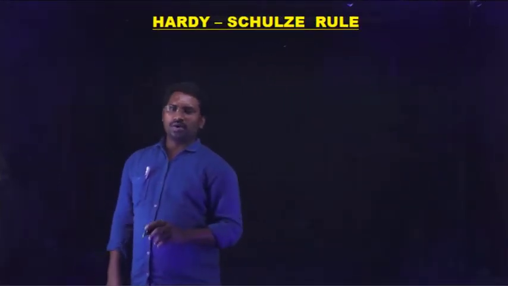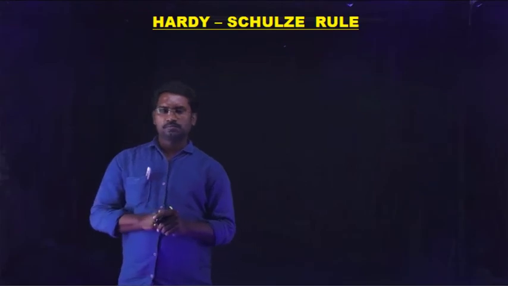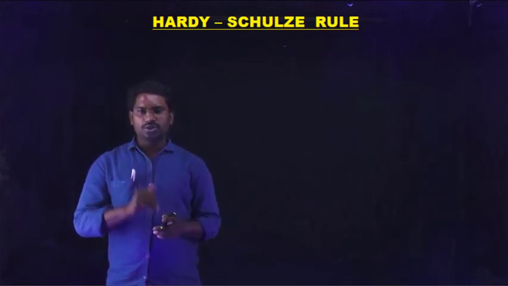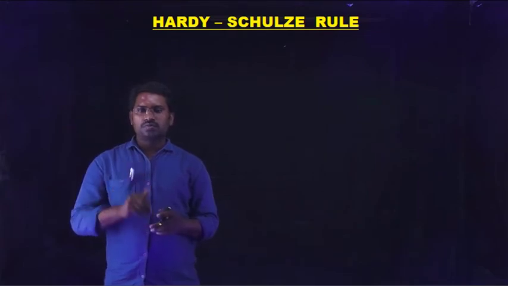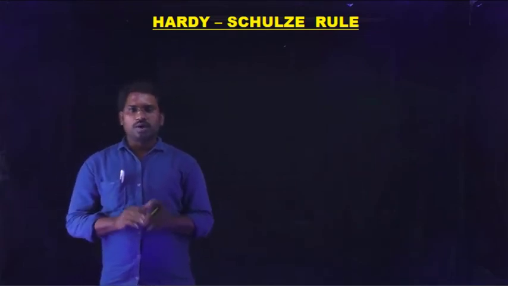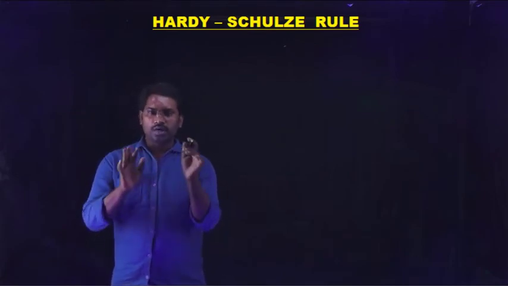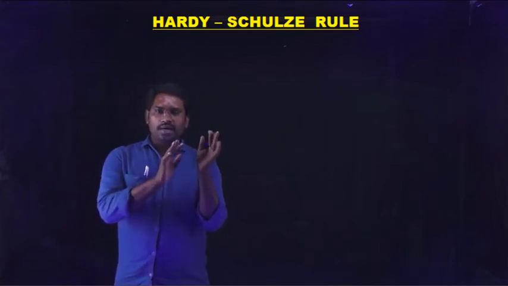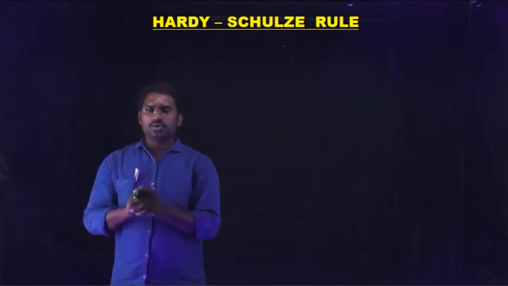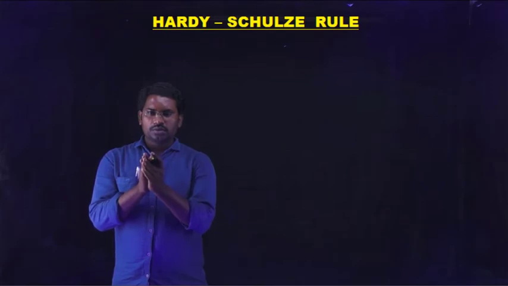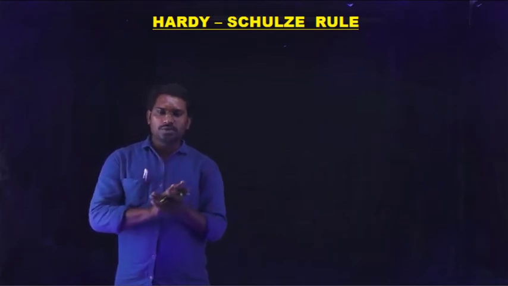Hardy-Schulze rule. What is meant by the Hardy-Schulze rule? You know very well about the coagulation process of colloidal solution, and what the coagulating value or flocculating value is. In that coagulation process, we add an electrolyte to the given colloidal solution. The opposite charges get neutralized, and the colloidal particles come down as a precipitate.